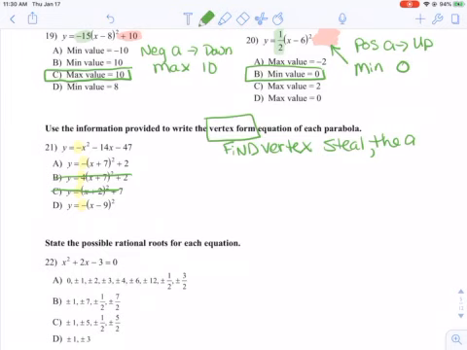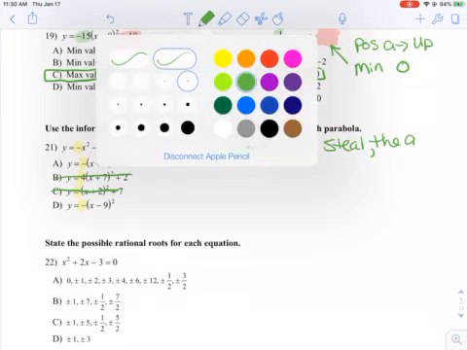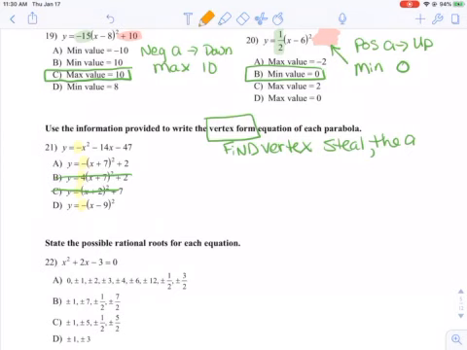Okay. So now we're going to go ahead and find the vertex. So to find the vertex, we're going to find that x value. So we're going to take the opposite of B over 2A, which is 14 over 2 times -1, which is -7.